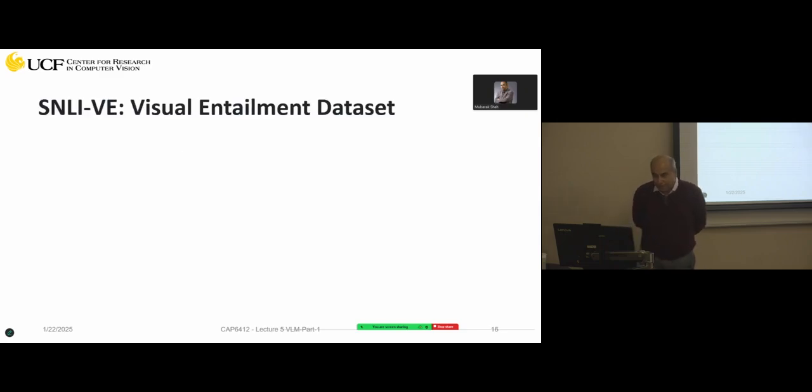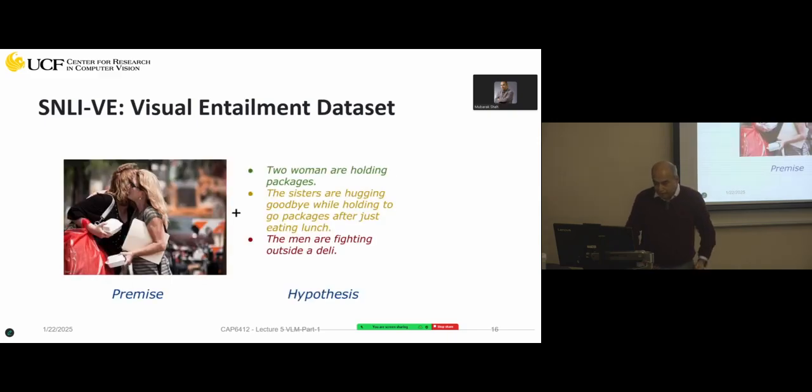Okay, so this is a new thing. They talk about the visual entailment data set. The idea is that given an image, you have these possible hypotheses. Two women are holding packages. The sisters are hugging goodbye while holding to-go packages after just eating lunch.